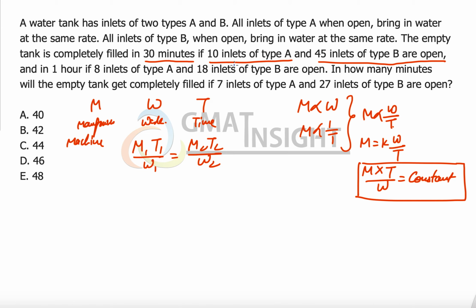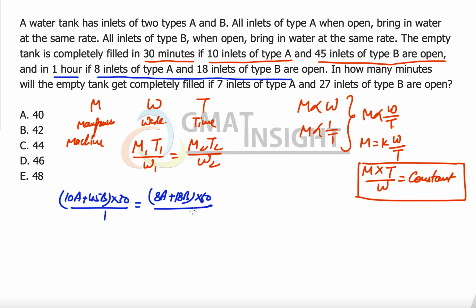In the first case, 30 minutes, so 10 type A, that is the efficiency of inlet A, plus 45B, and the time taken is 30 minutes to finish one work, is equal to 1 hour, 8 inlet A and 18 inlet B. So 8A plus 18B times 60 divided by 1.